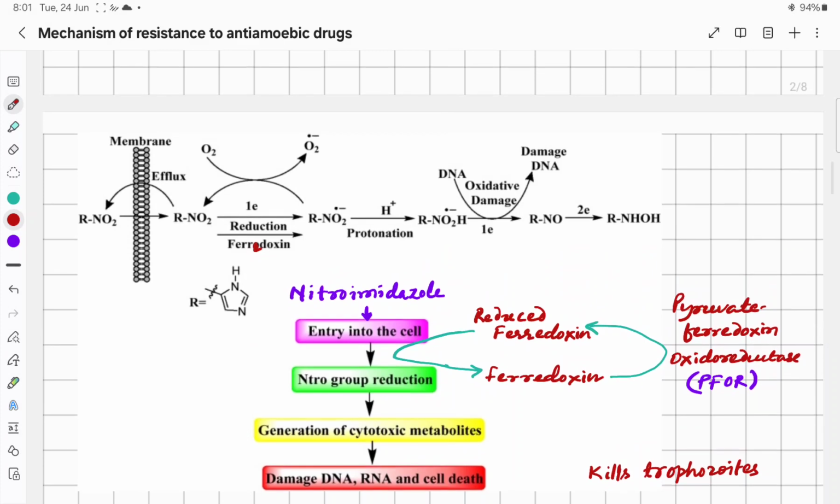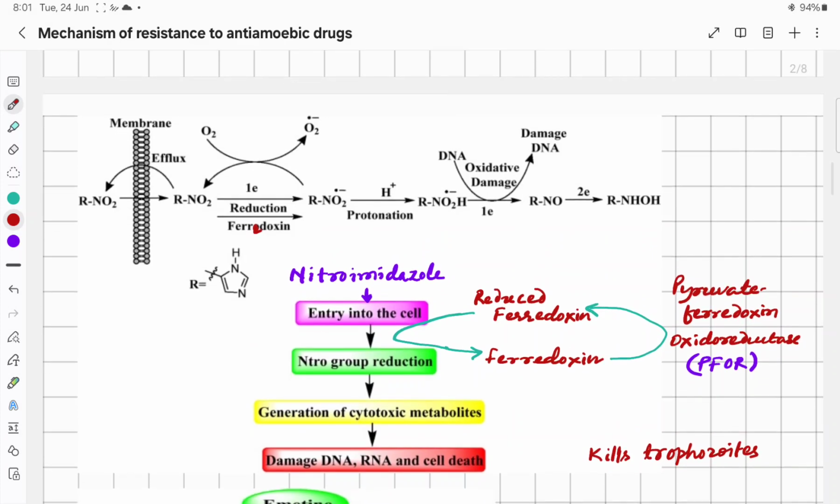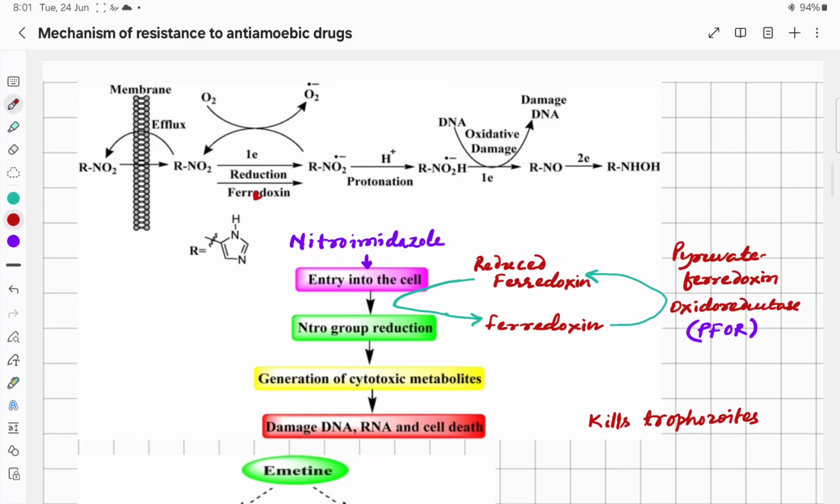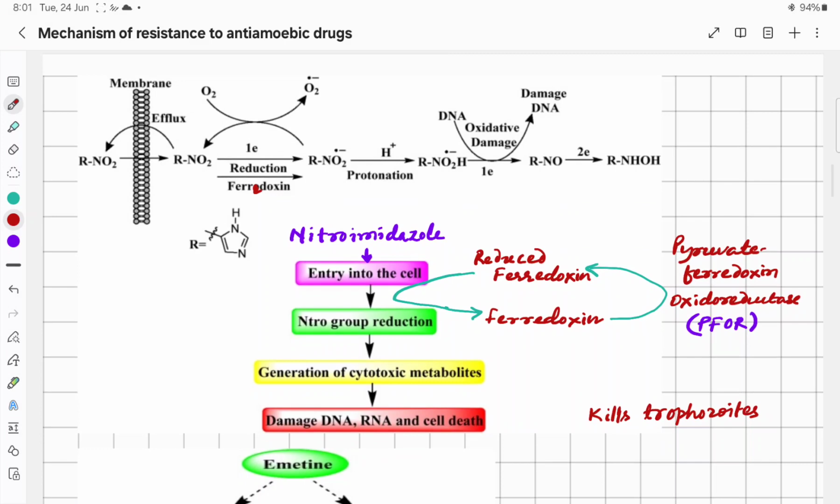So let us first discuss the mechanism of action of these drugs, then we will go for the mechanism of resistance to these drugs. The nitroimidazole group of drugs, the most common group of drugs, are prodrugs. After entry into the cell, they are activated by reduction of the nitro group.